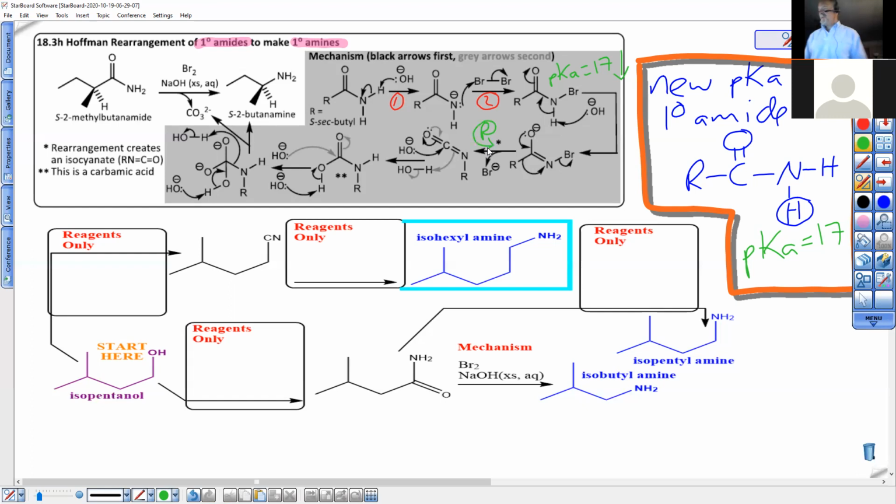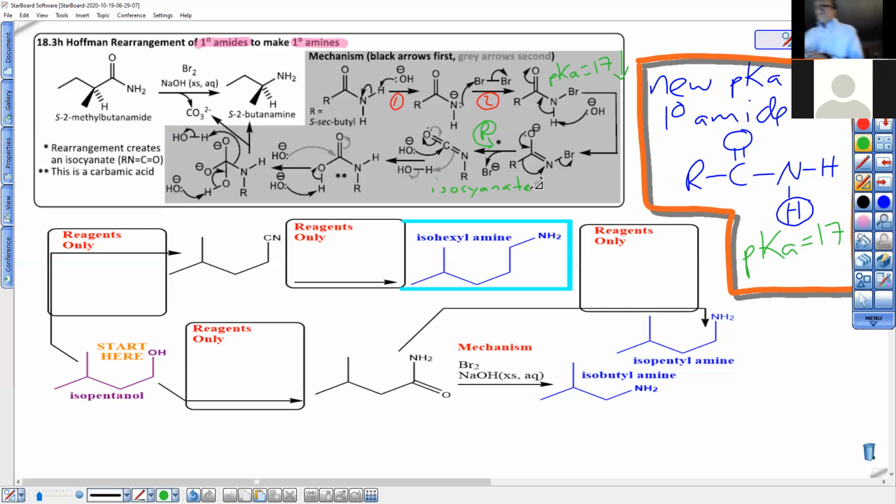The reason rearrangement happens is the nitrogen adjacent has a leaving group on it, and we have generated what's called an isocyanate here. Isocyanates themselves are useful yet dangerous intermediates in synthesis.